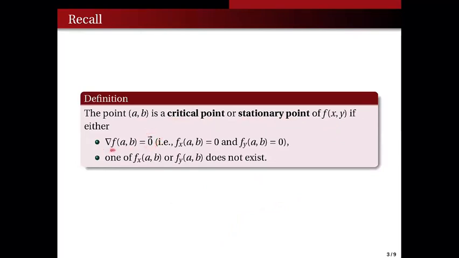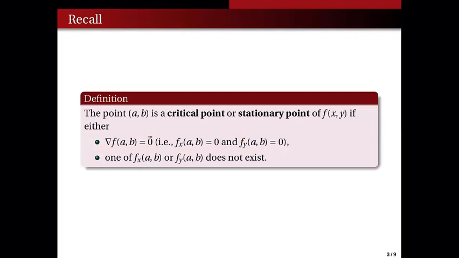Now, you have a function in two variables. The gradient of that function has components, first partial derivatives. So this means we have the partial derivative of f with respect to x evaluated at (a, b) equal to 0 and the partial derivative of f with respect to y evaluated at (a, b) equal to 0. Take note of that word and.